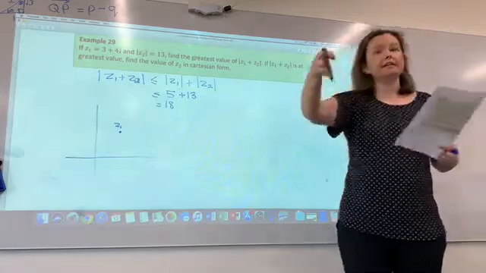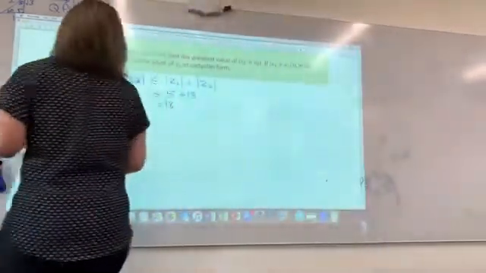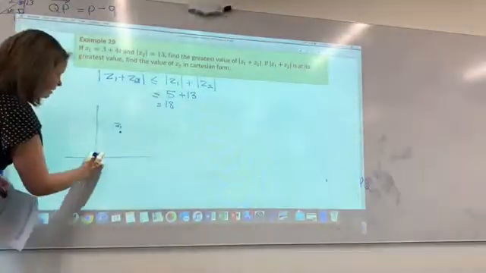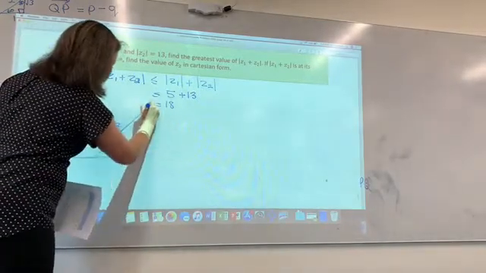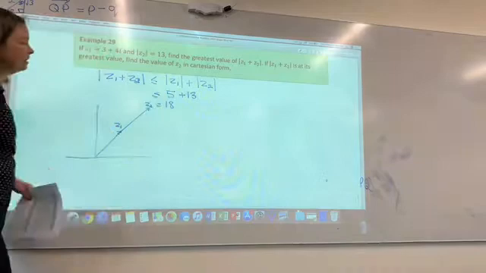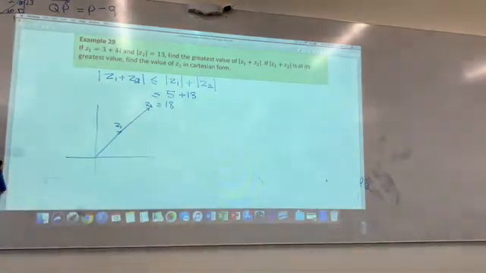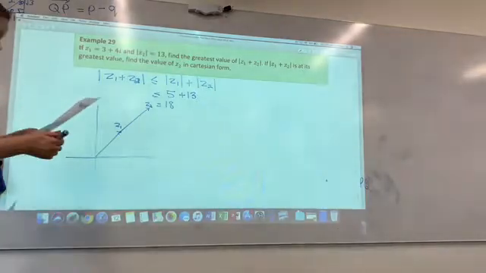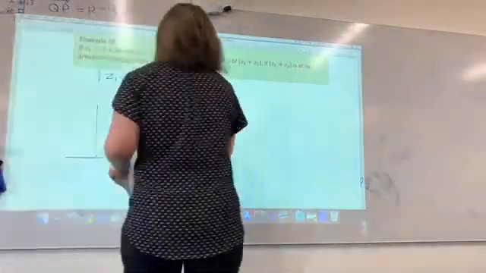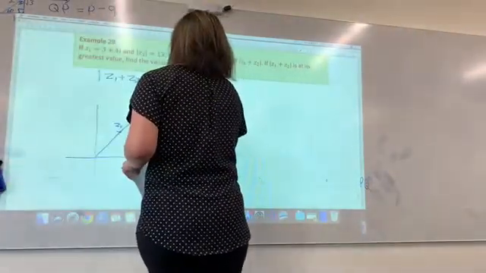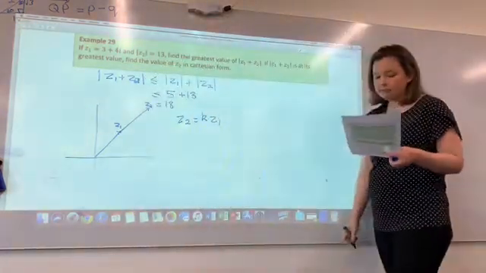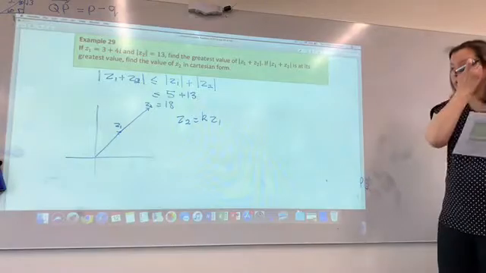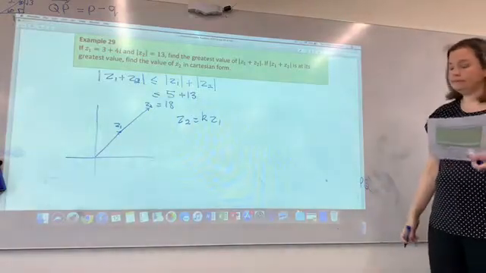It's a line, exactly. So if it is at the greatest value, then Z2 is just going to be a continuation of that, over there somewhere. So this is obtained when Z2 is equal to some constant K times Z1 for some positive value of K.